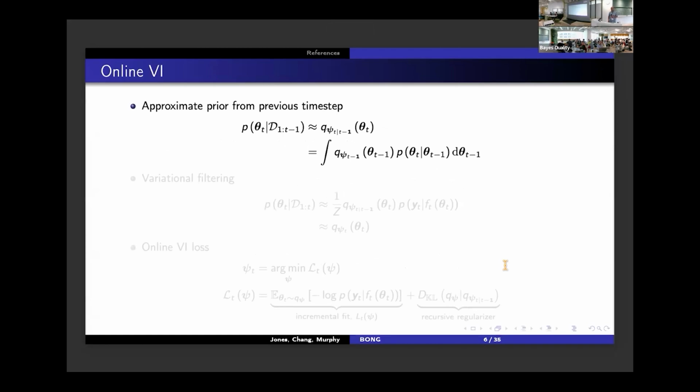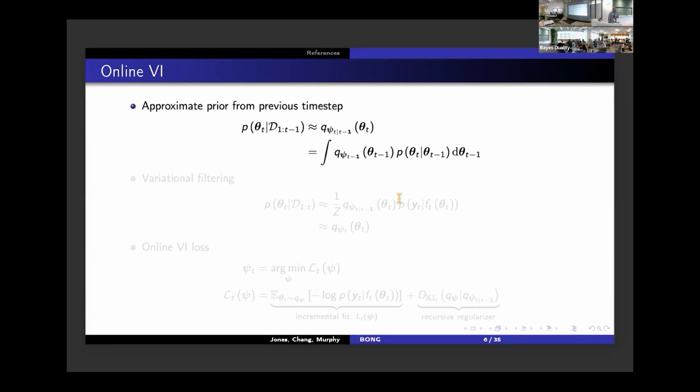Now let's put things together, talk about variational inference in the context of online learning. Instead of having a single prior and some batch update, as on the previous slide, we're now talking about carrying forward an approximate prior from the previous time step and doing variational inference to update it to the next time step.